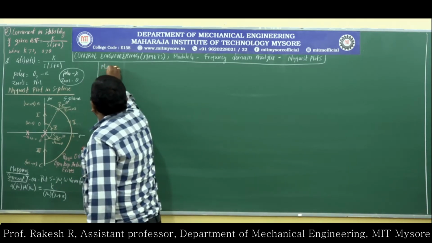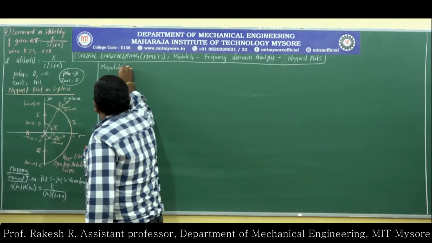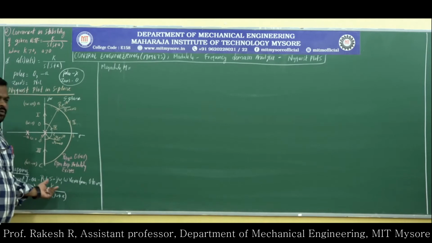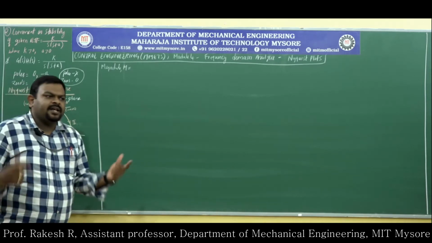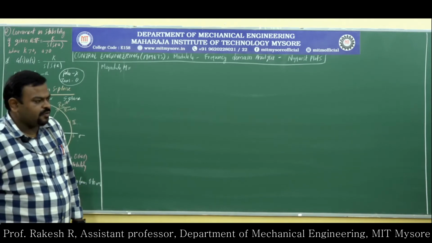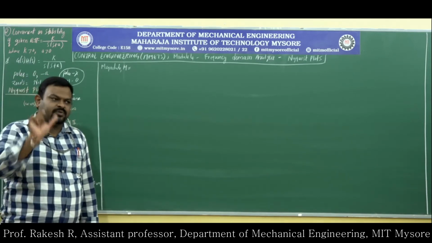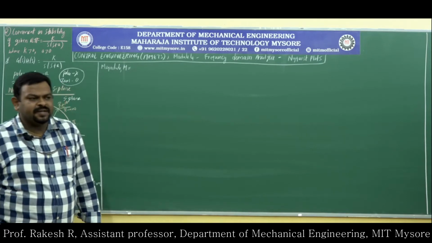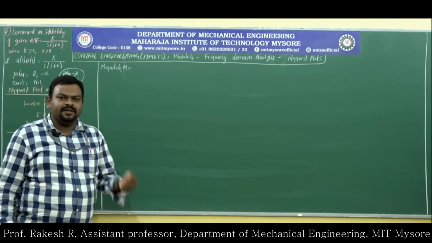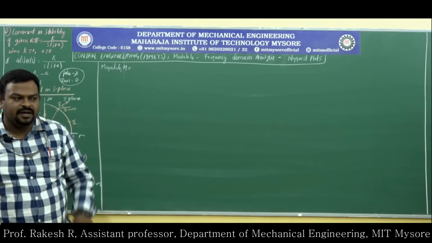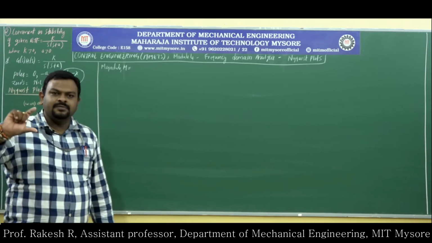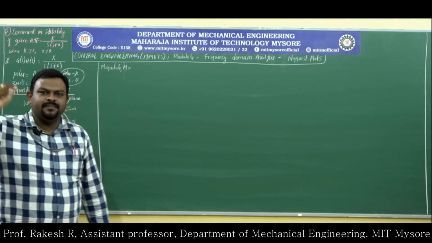What is the magnitude? Magnitude M is equal to the numerator term, only K. The magnitude of a complex number x plus iy is the square root of the real part squared, x squared, plus the imaginary part squared, y squared.